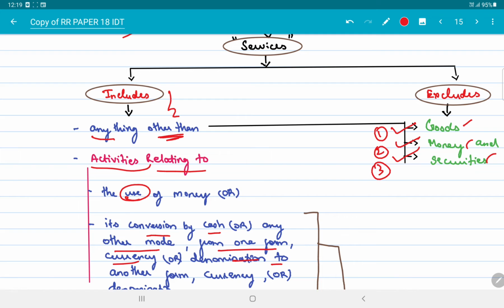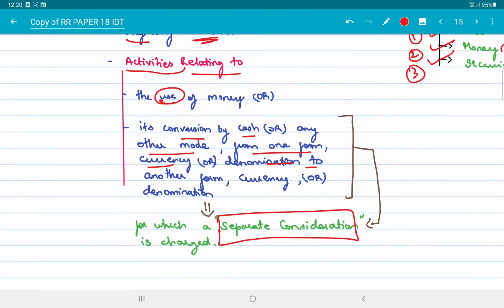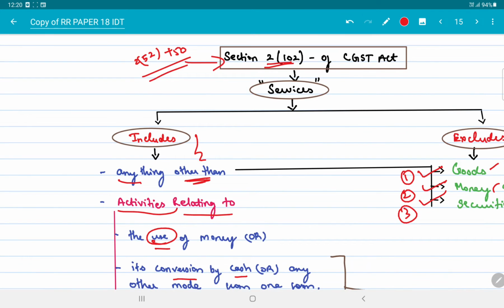Anything other than this is services. But any activity relating to use of money or its conversion from one currency or denomination to another, for which separate consideration is charged, is a service. We will see.